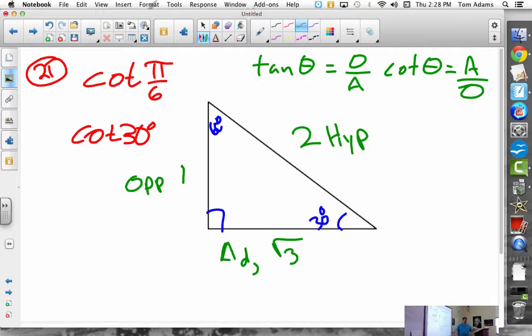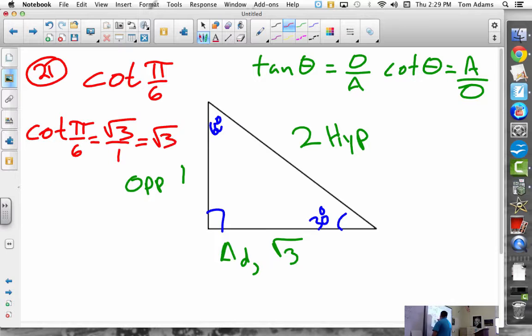Do we know the adjacent and opposite? Yeah, we sure do. So the cotangent of pi over 6 is simply going to be the adjacent, which is the square root of 3, over the opposite, which is 1. So it should be the square root of 3.